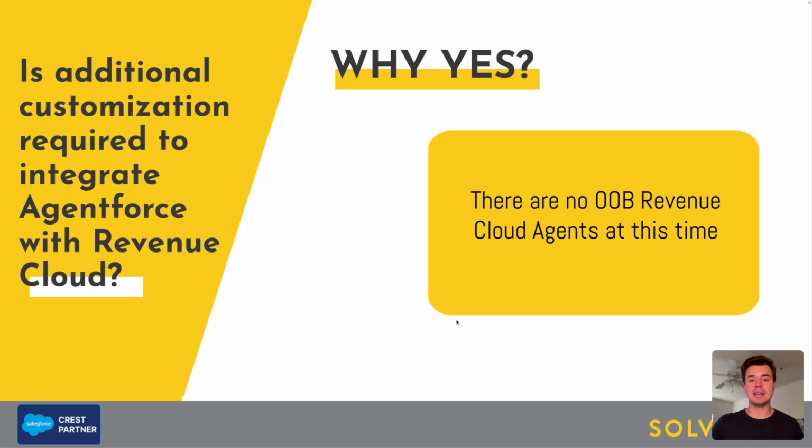These agents can act on any flows that you have. They can act with your data. For example, they could summarize a quote or an opportunity for you, or you could set up an agent to send out quote documents to your clients. So the possibilities are endless. As Salesforce has said, if you can think it, Agentforce can do it. That is the case with Revenue Cloud.